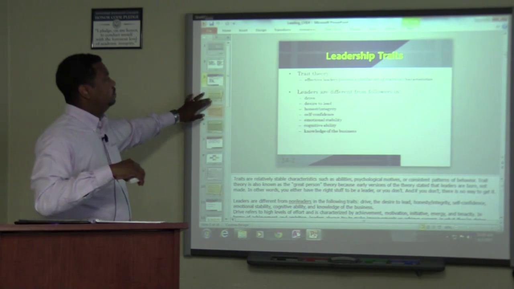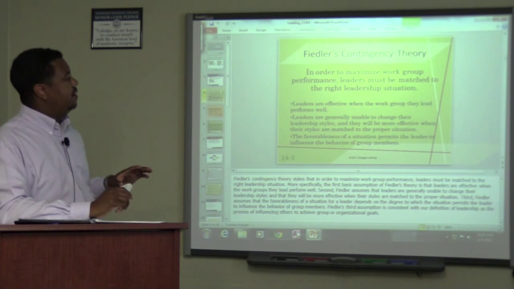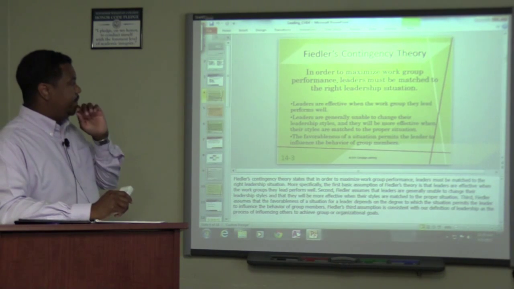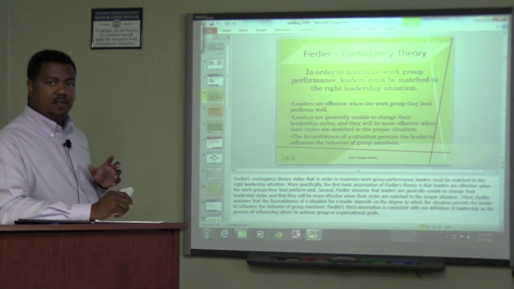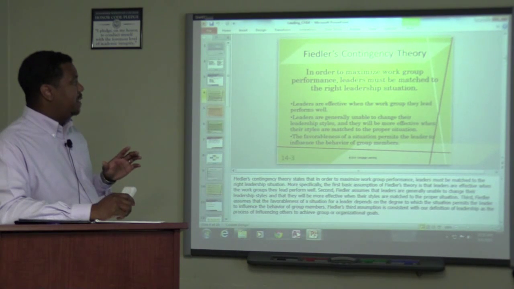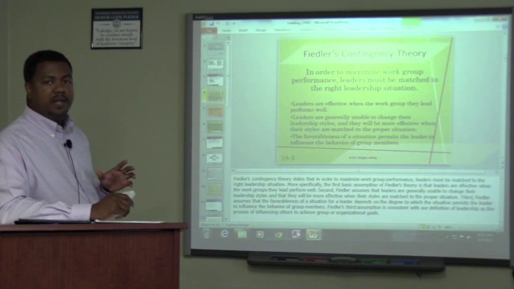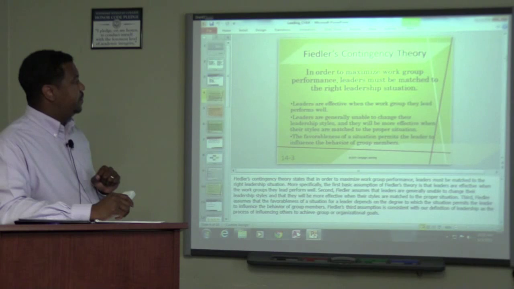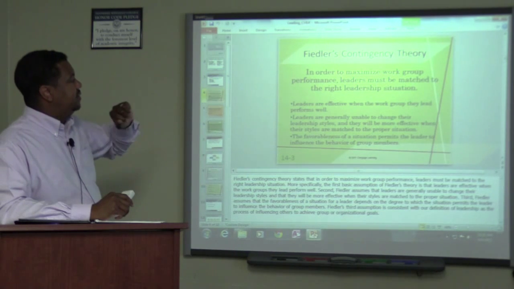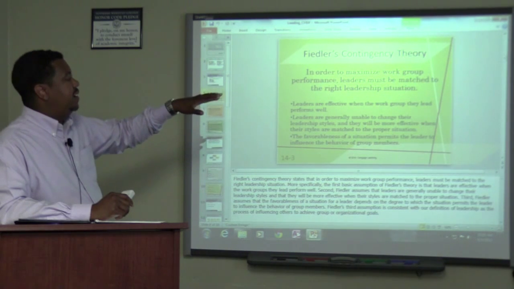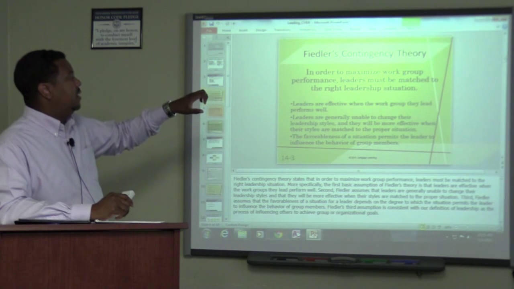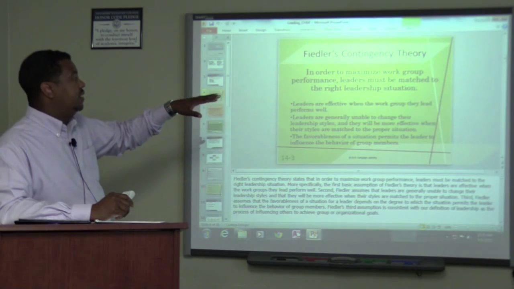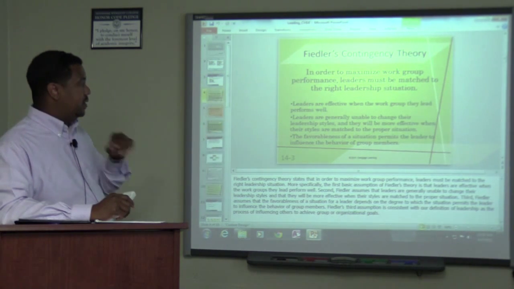So let's look here at the contingency theory. This is a great concept to think about the importance of how leaders respond and act in their organization. We see here in contingency theory that in order to maximize group work performance, leaders must be matched to the right leadership situation.